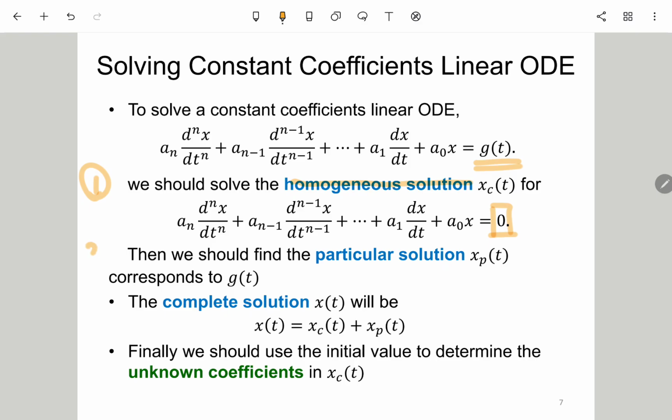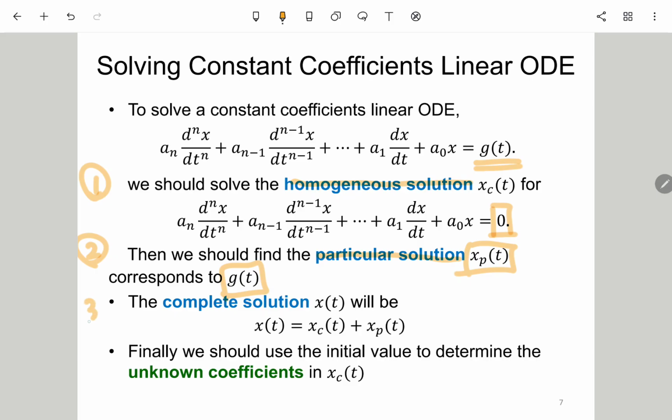And then for the second step, we try to solve the particular solution, which is related to the g of t. For some specific types of function, we have already told you how to guess the form of the solution for the specific type of g of t, or the combination of them.